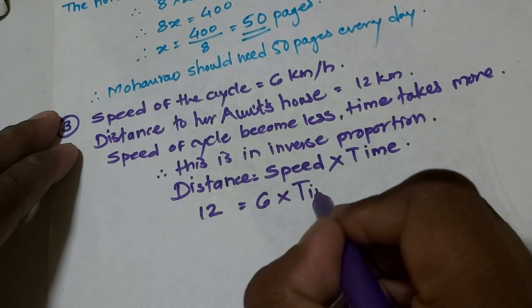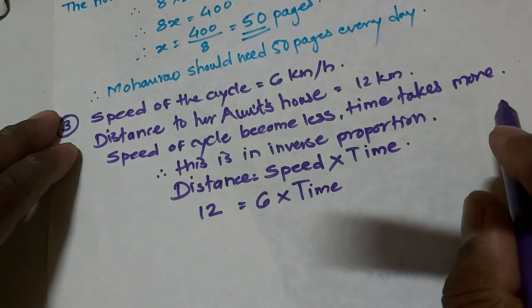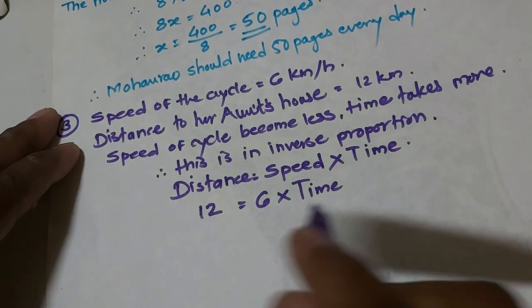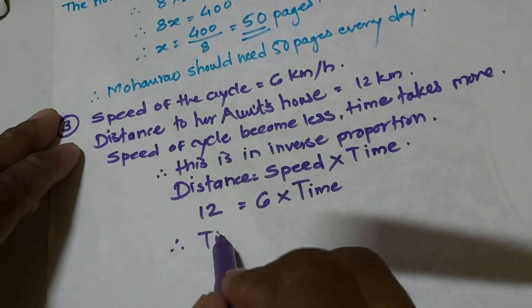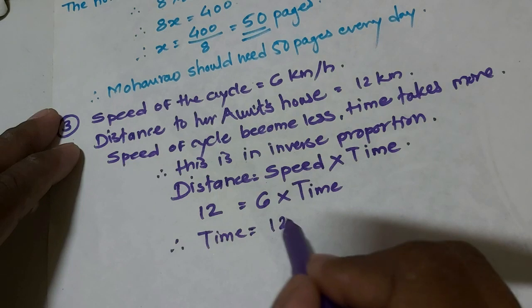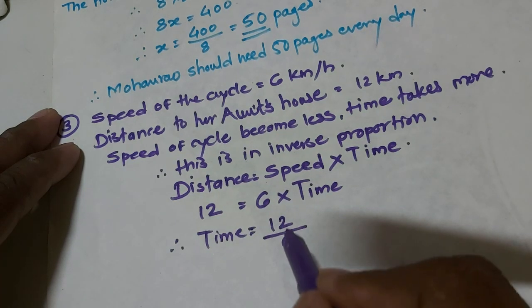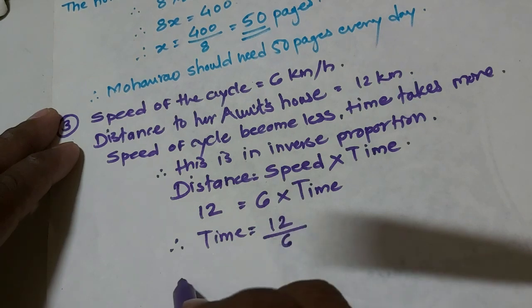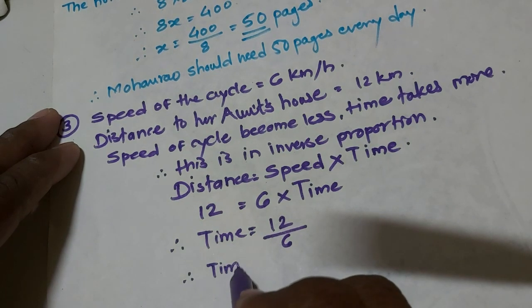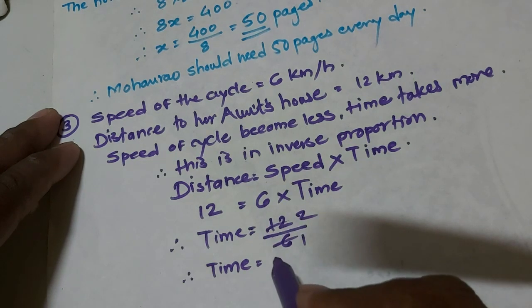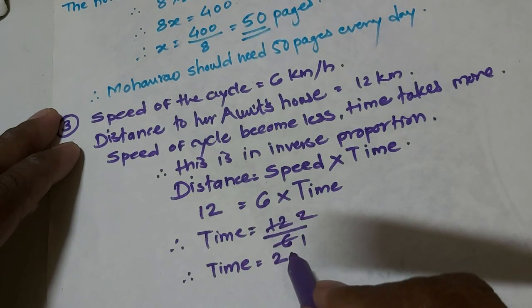Or you can write here, let the time be x. You can take a variable also, or directly, no problem. Okay, so therefore time is equal to 12, this 6 goes to the other side, so 6 2s are 12, therefore time is equal to 2. Time is in hours.